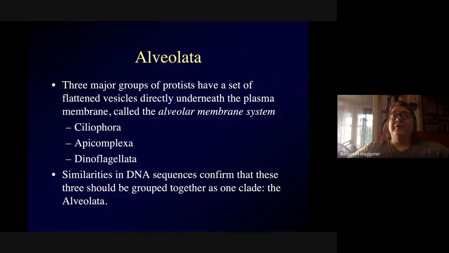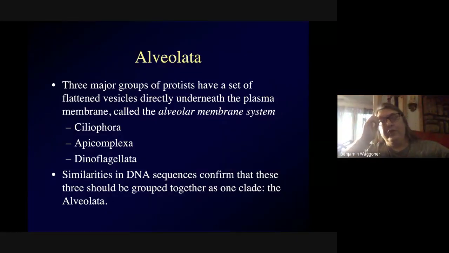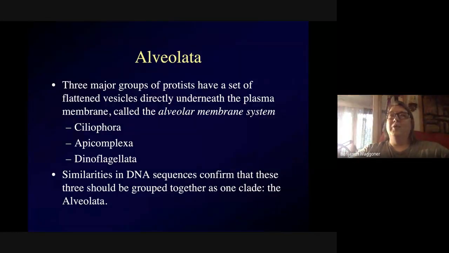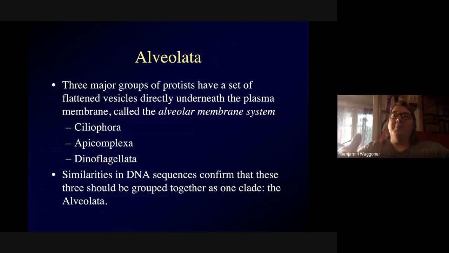These flat membrane sacs just up underneath the cell's outer membrane look a little bit like quilting. If you think of a quilt as being several sheets of cloth stitched together to make compartments filled with quilt batting, I guess it's not a perfect analogy, but it will do. So you have this kind of quilted structure in alveolates, and they're also similar in their DNA sequences, even though outwardly they don't look that much alike.